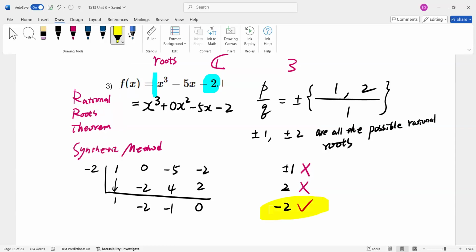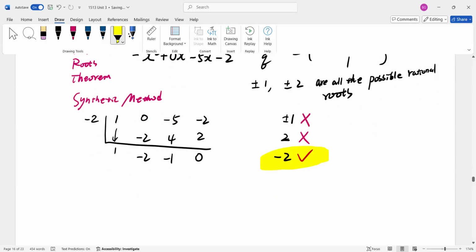We got an actual root, x plus 2, right? That means if we divide f of x by x plus 2, again, x minus k, your k is -2. So that's why we have x minus -2, minus -2 is plus 2, equals the quotient.